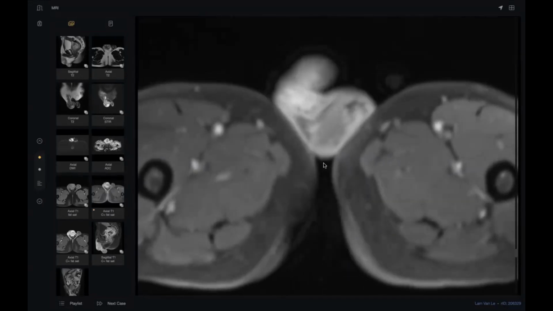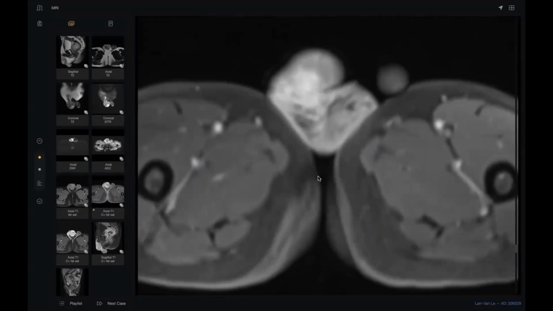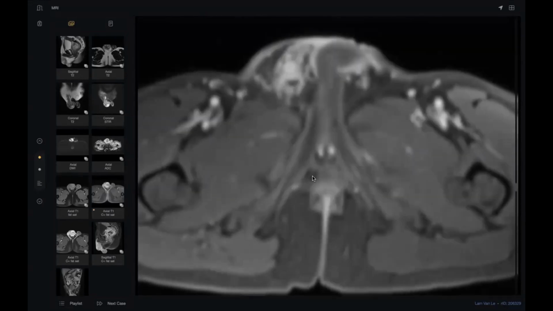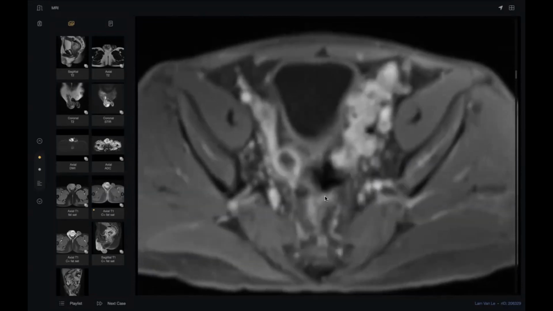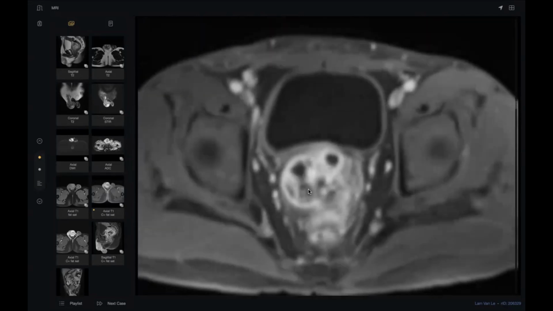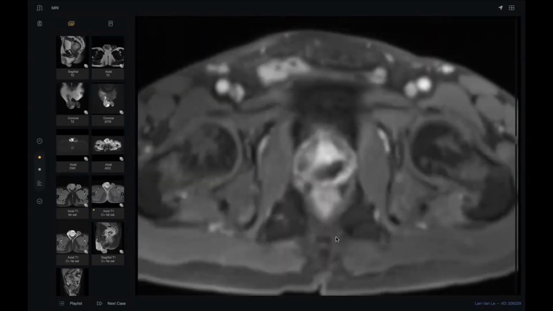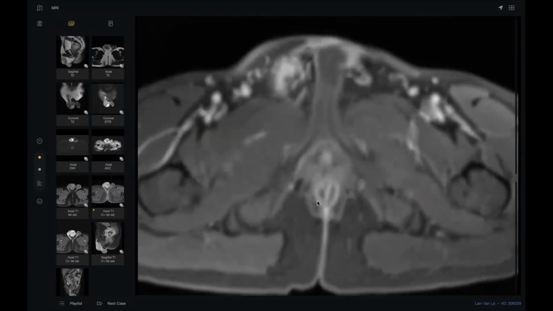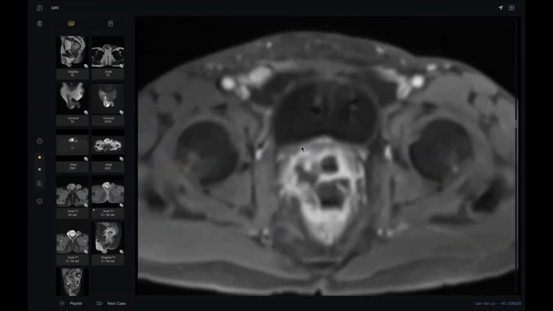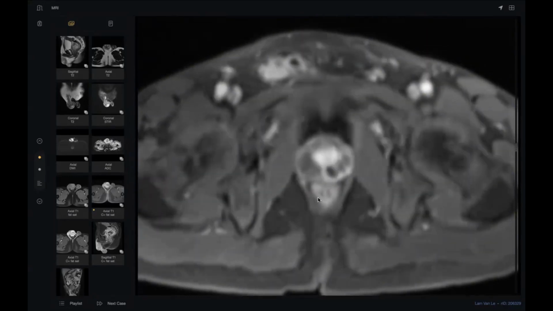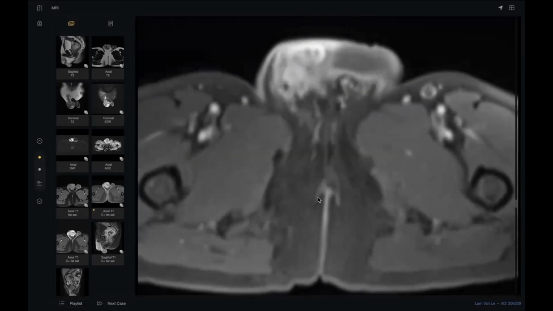Okay, so give me a differential diagnosis, my doctor. Like seminoma, lymphoma are my differential in this case. Okay, see the rectum. See, this is the testis here.